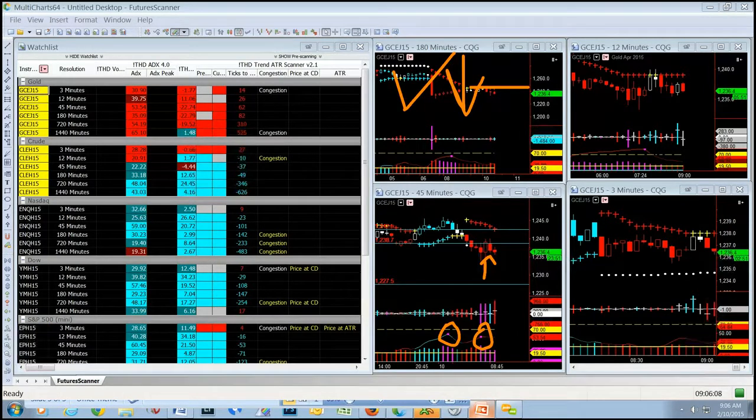And if that wasn't enough, this is probably the flattest peak. What happens on a flat peak? It comes back to test the low. What confirms that? Okay? You're at an ATR up here. Anybody listening?